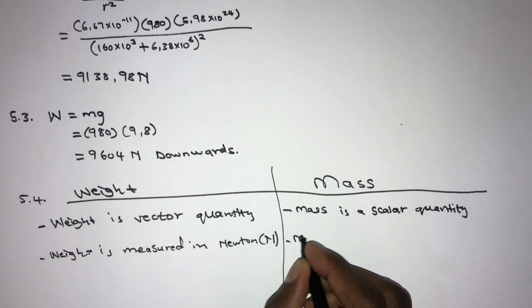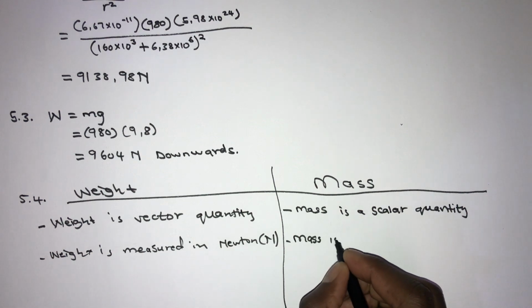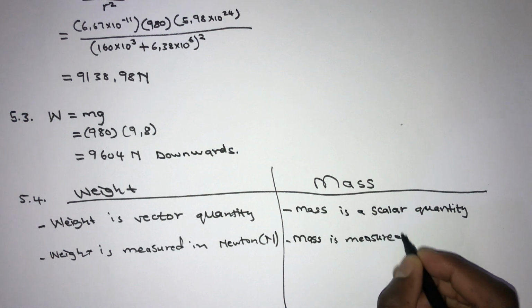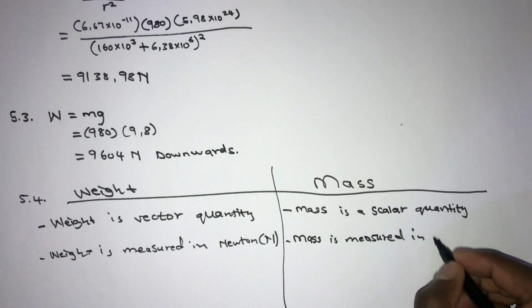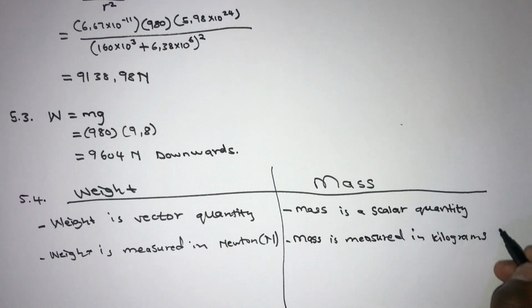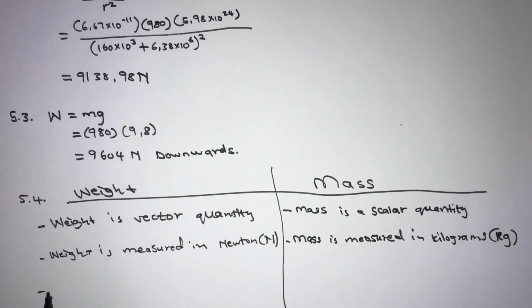But mass is measured in kilograms, which is kg in brackets. That is the kilograms. So the last one, since they said three differences, now we can say weight.